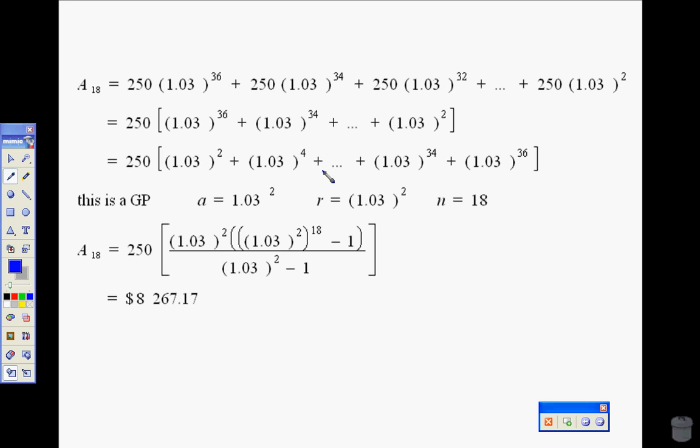But then I see my geometric progression with 1.03 squared as my first term. The rate for this geometric progression is 1.03 squared. Be careful here because the number of terms we have is only 18. Because we're going up 4, 6, 8 to 36, there's only 18 terms.